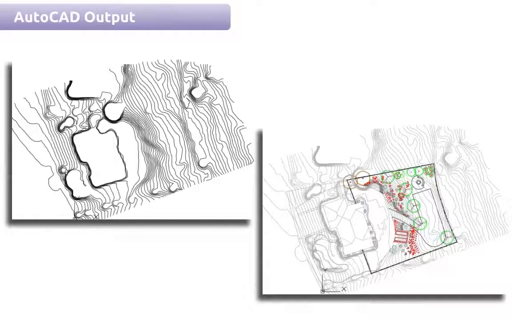So we've taken those contours that have come from the site, right? And then using AutoCAD and Land F/X, I'm able to start designing right on top of the existing contours. And I know exactly what my contours are. I know what the site conditions are, and I can just start working with that.